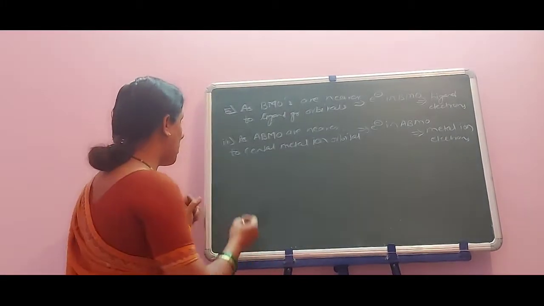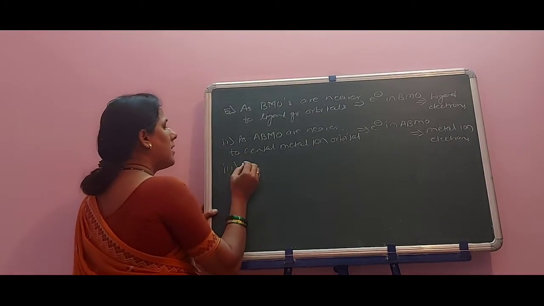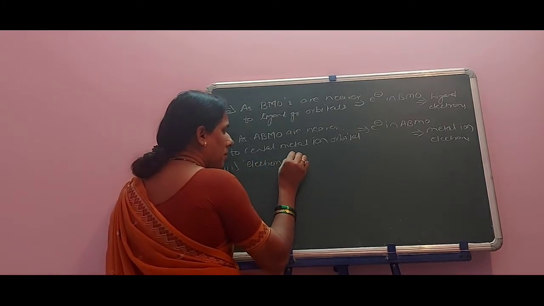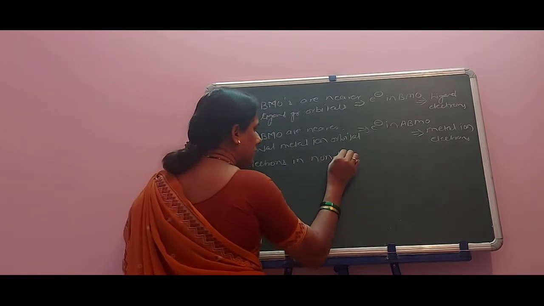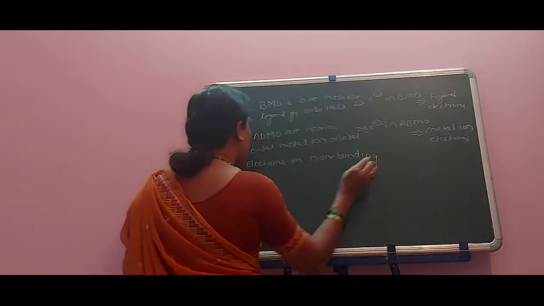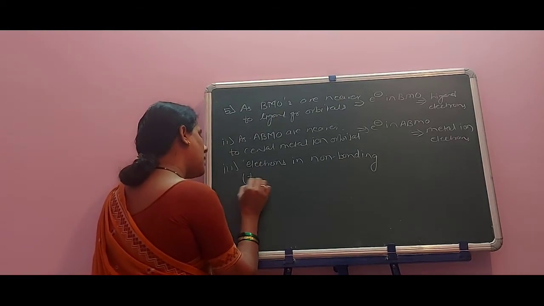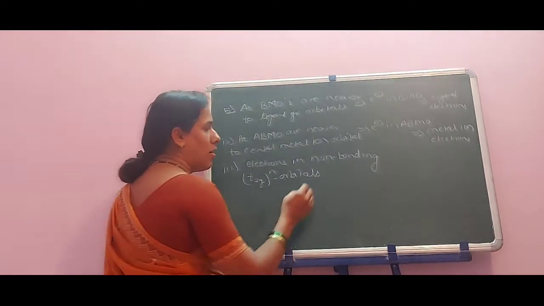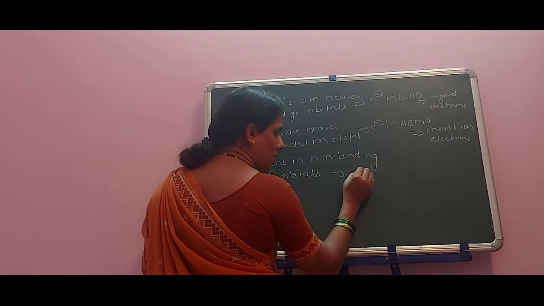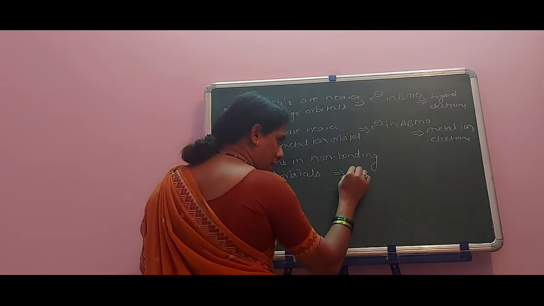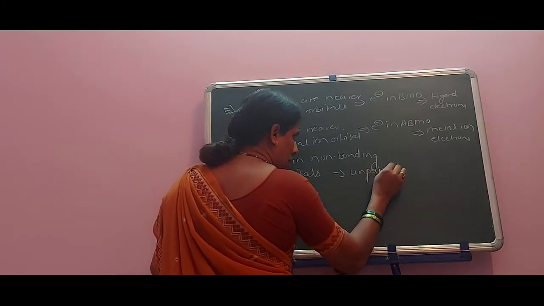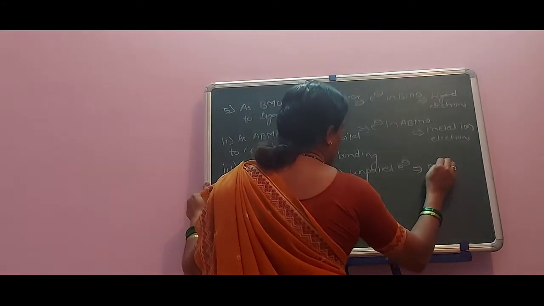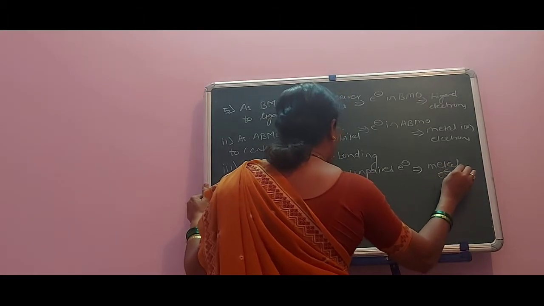What about the non-bonding? The third point is that the electrons in non-bonding t2g orbitals are called only unpaired electrons and are nothing but the metal electrons.